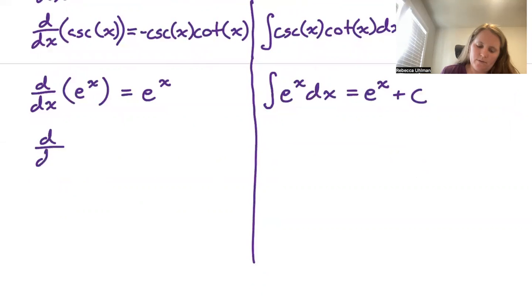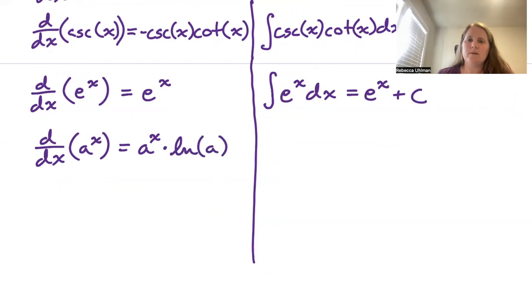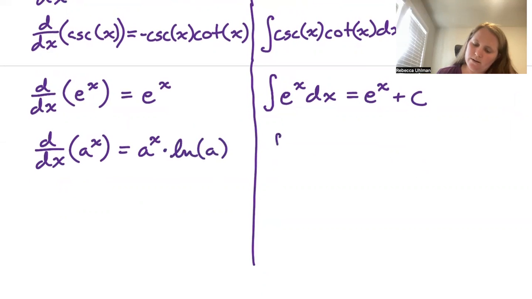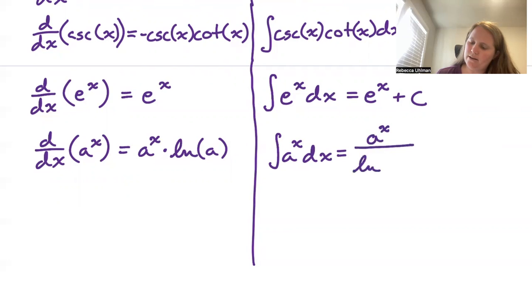The derivative of a to the x was a to the x times the natural log of a. This corresponds to the integral of a to the x dx is a to the x divided by the natural log of a plus c.